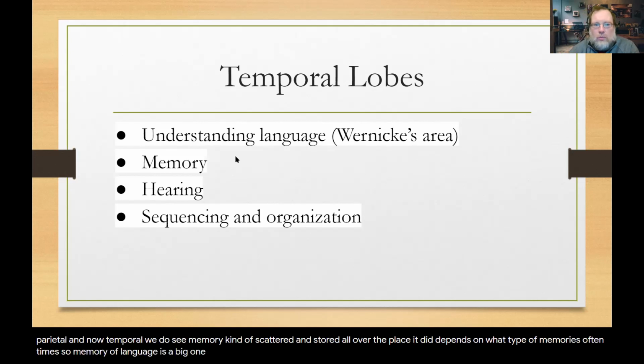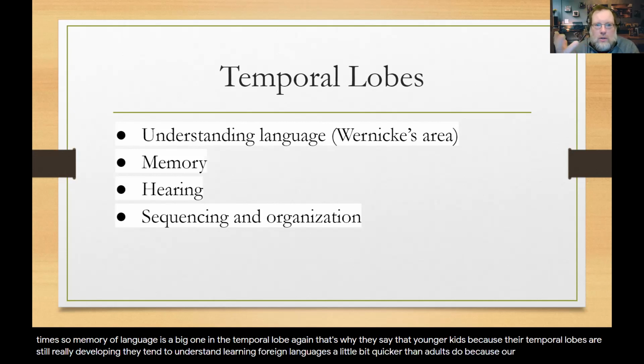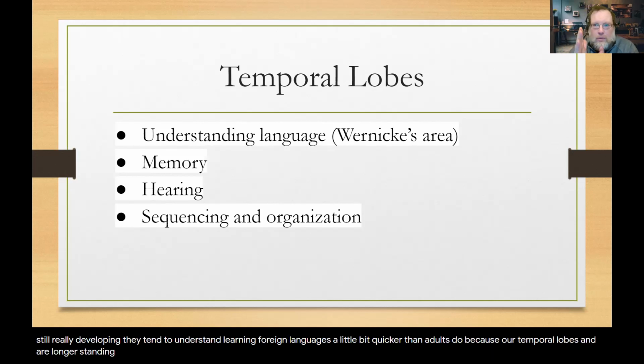In the temporal lobe. Again, that's why they say that younger kids, because their temporal lobes are still really developing, they tend to understand learning foreign languages a little bit quicker than adults do, because our temporal lobes and our understanding of language is much more rigid and etched in stone. So anyway, temporal lobe.